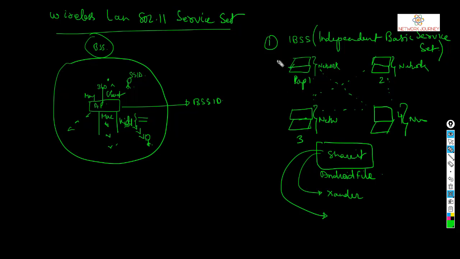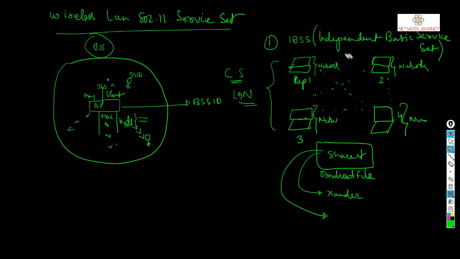The second example would be, have you ever played a LAN game where we create a network and share it with our friends and we all connect and play Counter Strike or any LAN games, right? We don't need an access point, but we can still create something called a group and connect and play around, right?